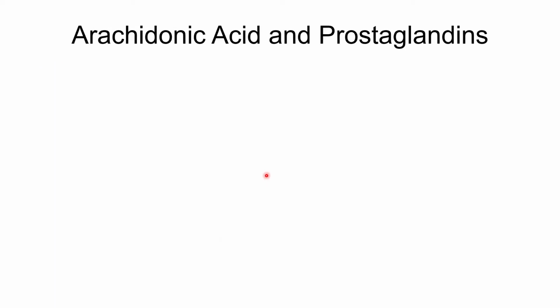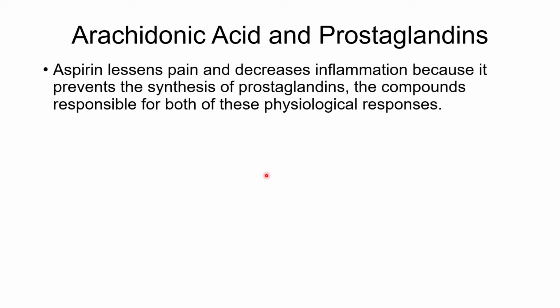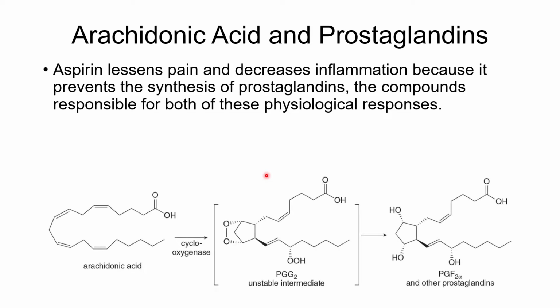All right, I'm going to just ever so briefly look at arachidonic acid and prostaglandins. So aspirin will help to decrease inflammation by blocking a certain biochemical pathway. So there is this compound that is called arachidonic acid, which occurs naturally in your body, and it's kind of interesting.